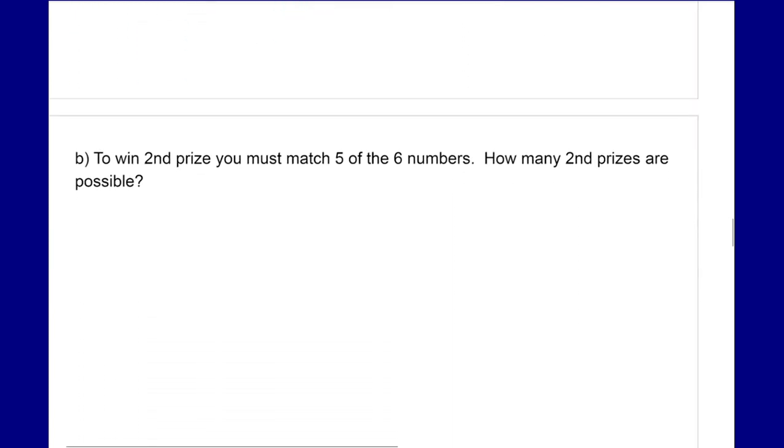To win second prize, you must match 5 of the 6 numbers. How many second prizes are possible? Again, we have to look at 2 components: our winning numbers and our losing numbers.